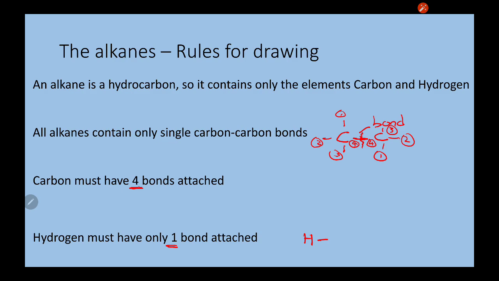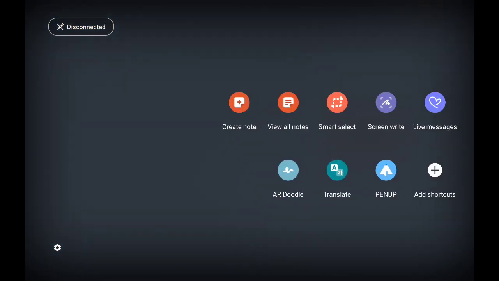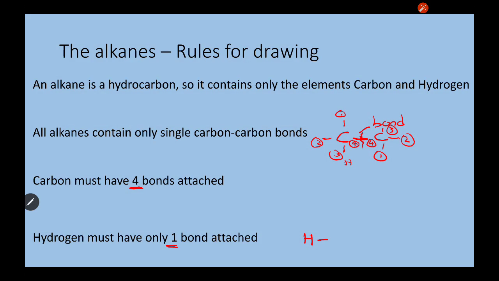It can't have 2 or 3 or 4. That makes it nice and simple when you're drawing alkanes, because there's lots of space here with only 1 line, so hydrogens could fit quite nicely around the outside, and that would fit with all our basic rules.